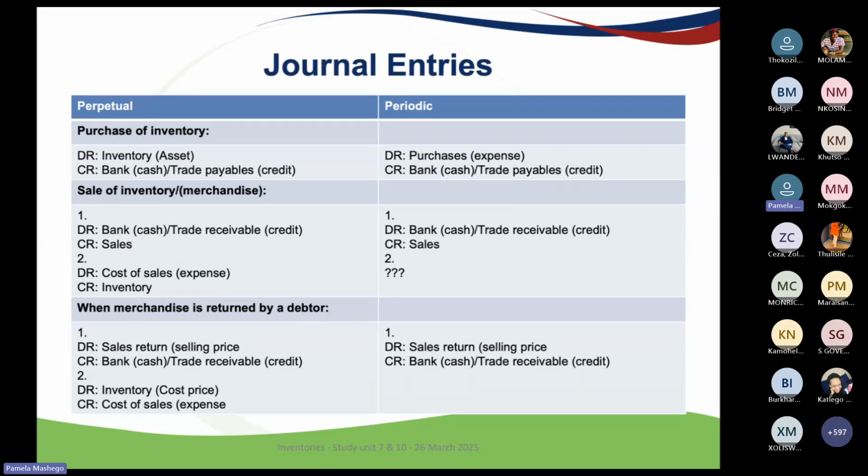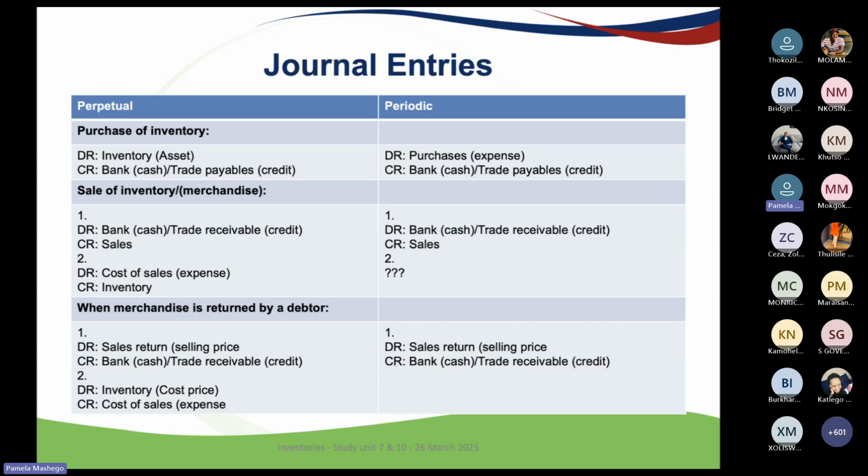So remember, in the periodic system, you don't keep continuous track of the inventories that you purchase. So you can't adjust the inventory account. You only do that at the end of the period after you do the physical inventory count. So for now, you hold the cost price of your inventory that you have bought in the income statement, in the expense account, which is the purchases account.